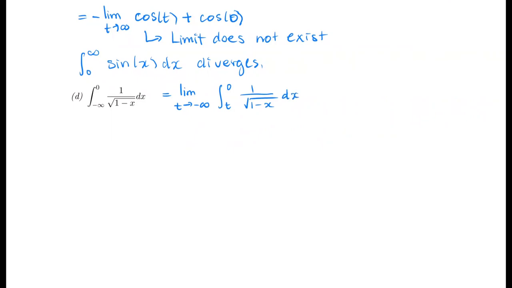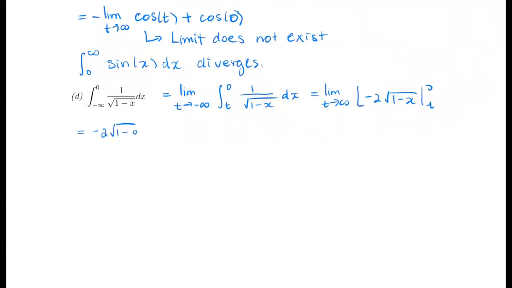The antiderivative here should be negative 2 times the square root of 1 minus x, ranging from t to 0. If we put 0 in, there's no problem; we would just have negative 2 times the square root of 1 minus 0.